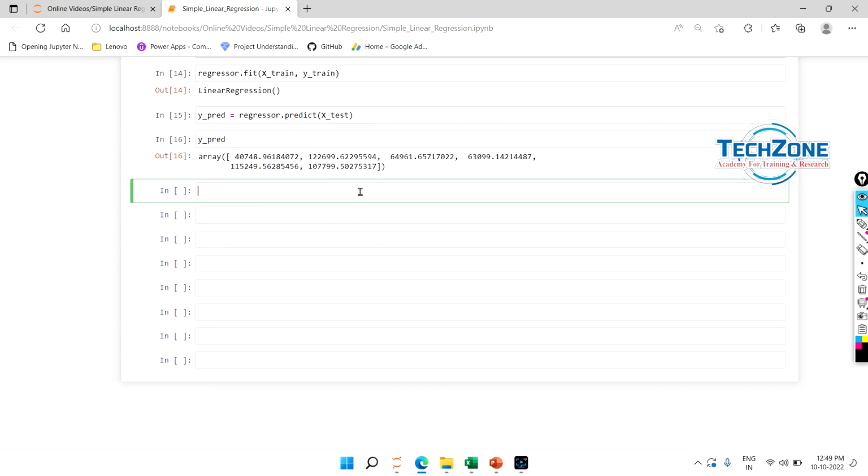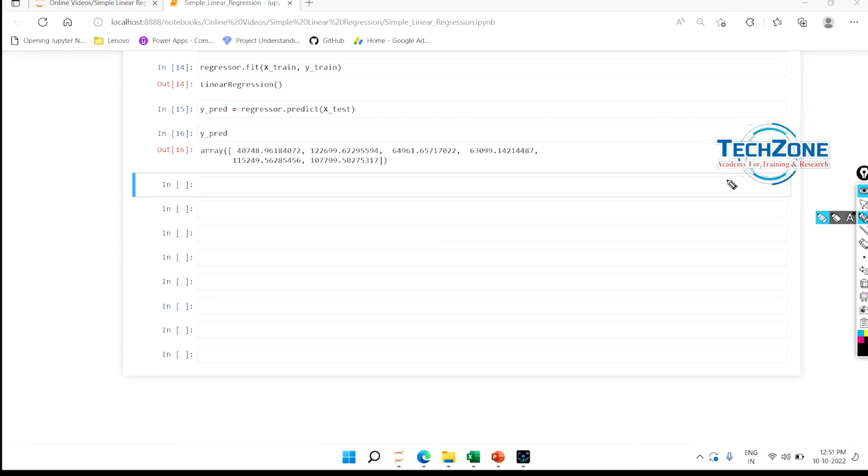I hope this is clear. We have studied that the formula for simple linear regression is this, right? So when we give the values of x, we'll get the value of y, and these two values, b0 and b1, are calculated by our linear regression model, isn't it?